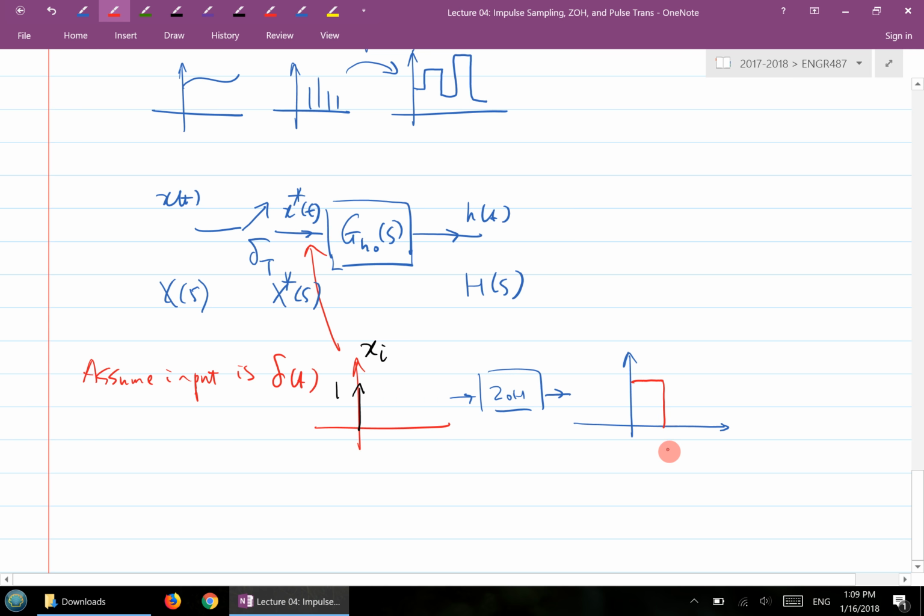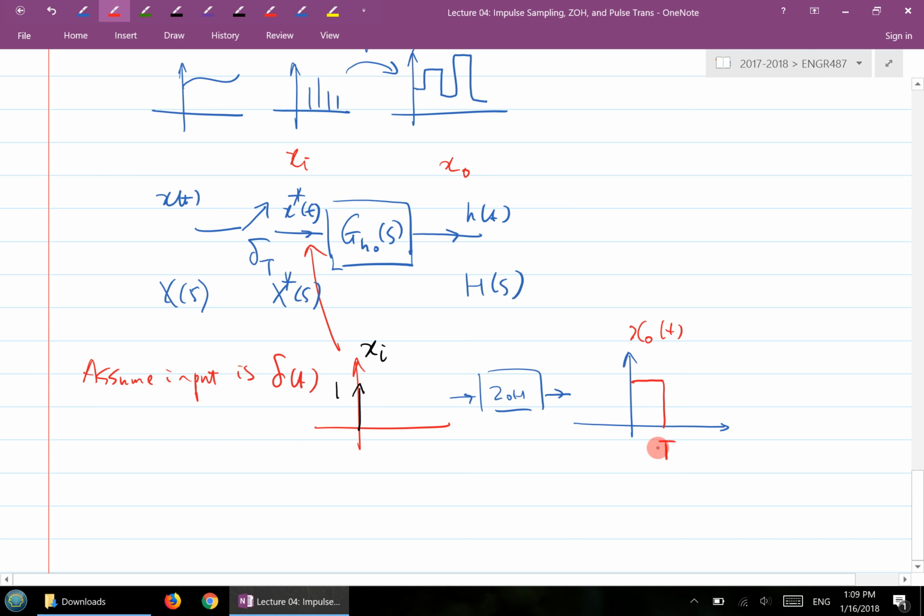By the sampling time T. Because there is only one signal here, let's just hold it for one sampling period T and then back to 0. That's essentially what happens at the output. Let's temporarily call this xo. So here's input xi, output xo, which is this.